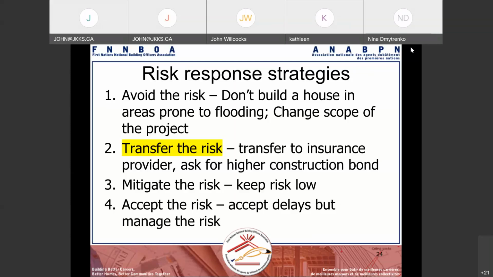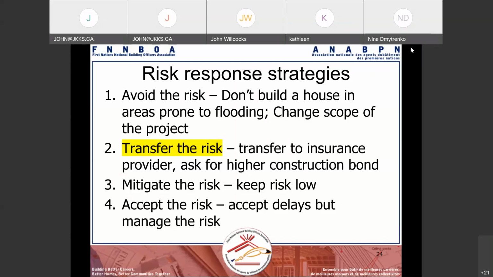The second one, you can transfer the risk. So by transfer to an insurance provider, and you can ask for a higher construction bond. Basically, you transfer the risk by purchasing insurance on the construction, and if there are any delays or issues, you can get insurance to cover those costs. But you can also do it through a construction bond.